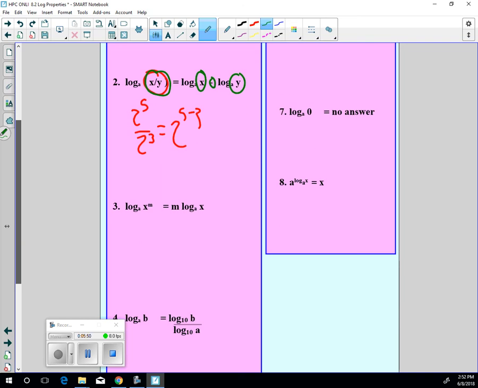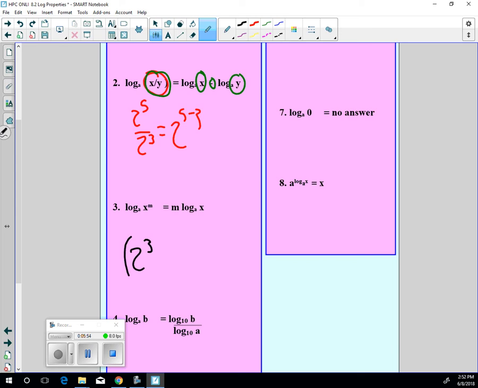We also have 2 to the 3rd to the 2nd. Well, that's 2 to the 3rd times 2 to the 3rd, which is the same as 2 to the 3 plus 3, which is also the same as 2 to the 3 times 2. So essentially 2 to the 3rd to the 2nd is the same as 2 to the 3rd times 2.